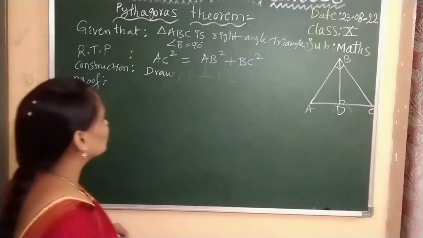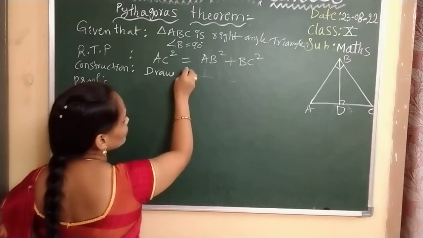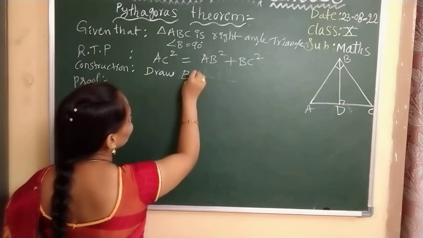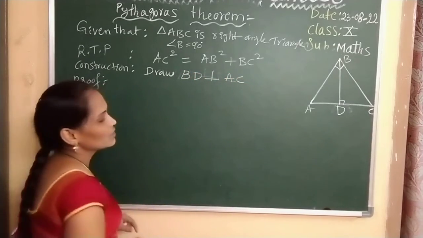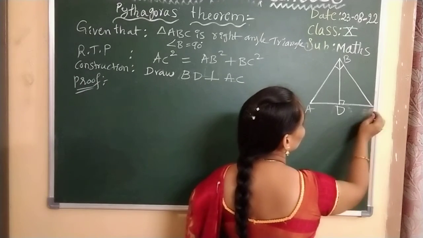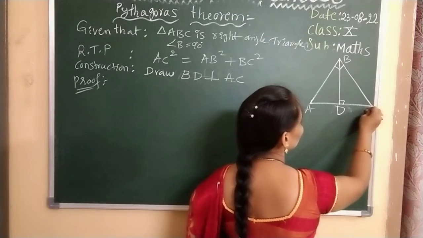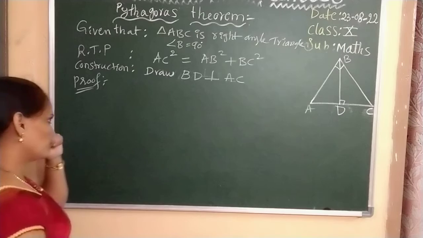Now draw a small construction. Draw BD which is perpendicular to AC. This is the vertex C. Now see the proof.